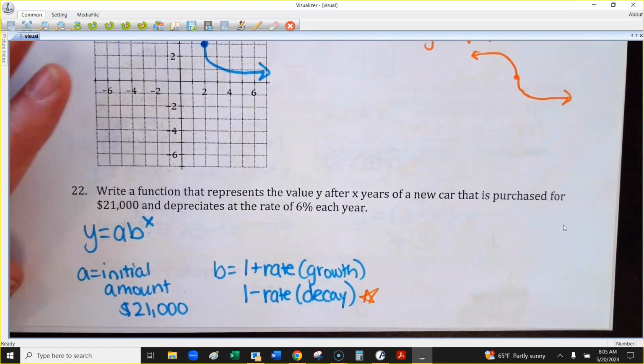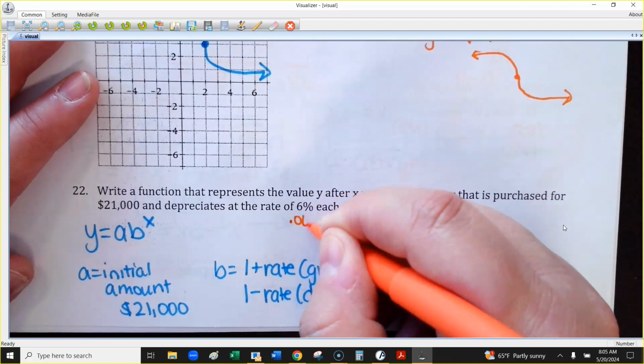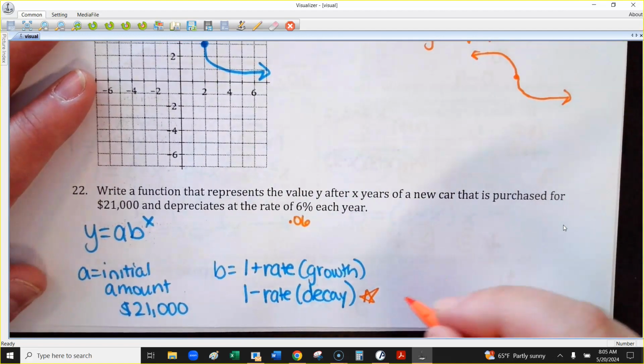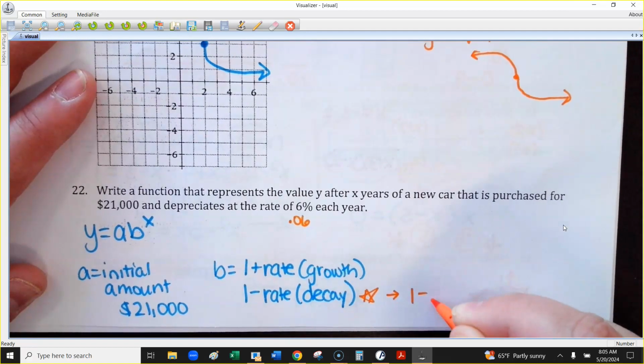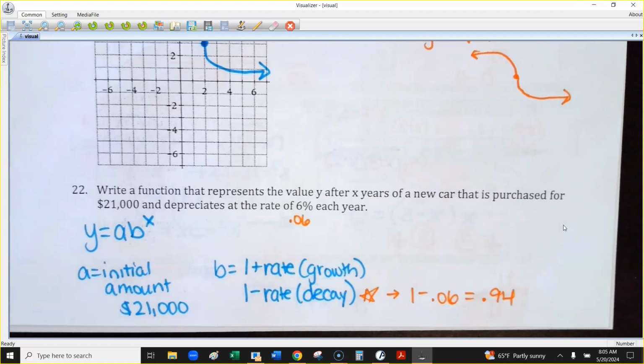Now you have the rate as a percentage, so don't forget you want to think about that as a decimal when you do this problem. It's like if you had 100% on a test and you took 6% away, you'd get a 94, right? So this would be 1 minus 0.06, which means the car holds 94% of its value, but it does go down.